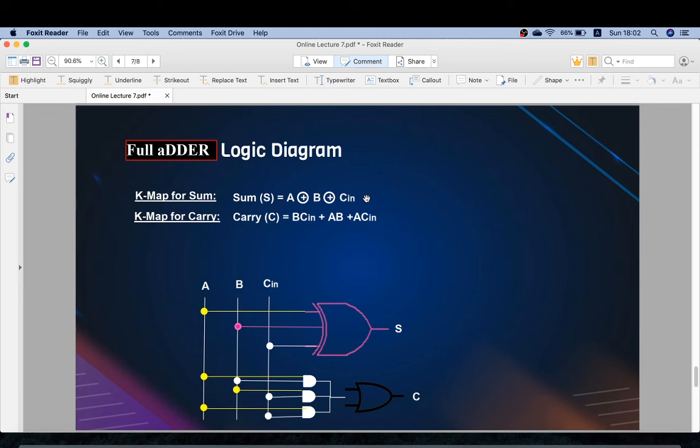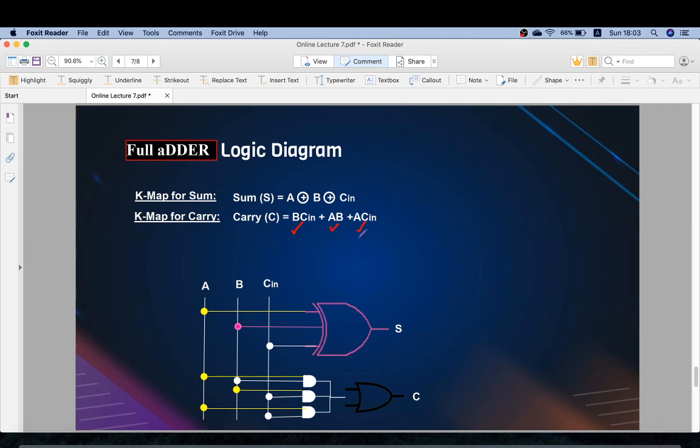From the sum output, it's clear that we will be using an XOR gate, and from the carry, it's clear that we will be using AND gates, because there are three terms: B C in, A B and A C in.